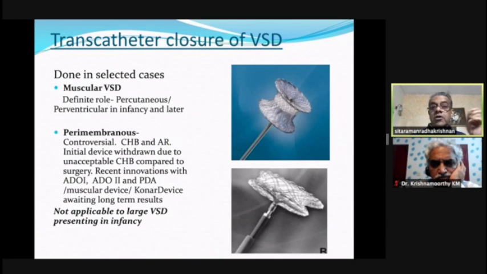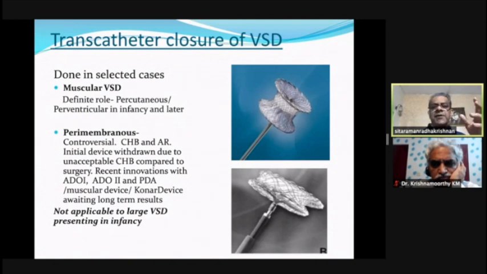Devices which were not prototyped to close the perimembranous defect then started being used, and there is some data available to show that they probably produce less incidence of complete heart block. However, there are a group of pediatric cardiologists who so vehemently oppose any closure of perimembranous ventricular septal defect with a device. So there is a lot of controversy which still goes on.